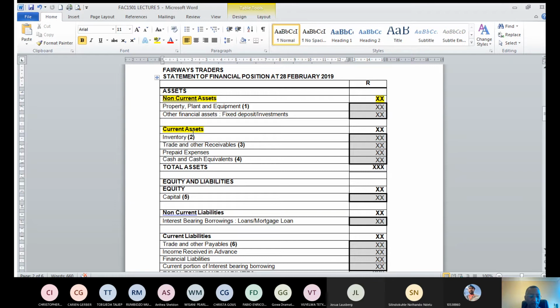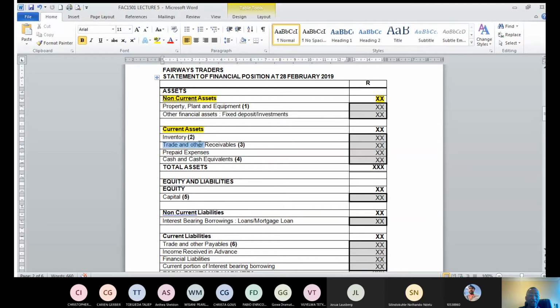Inventory will include your closing inventory, and closing inventory will refer to the value of your stock at the end of the financial year, your merchandise, plus any other consumable inventory that you've got on hand, such as you may have stationery on hand or packing material on hand. Now that is part of our inventory because we take those items into the new financial year. So you add consumable inventory onto your closing inventory of the stock, and that will give you the amount of your inventory.